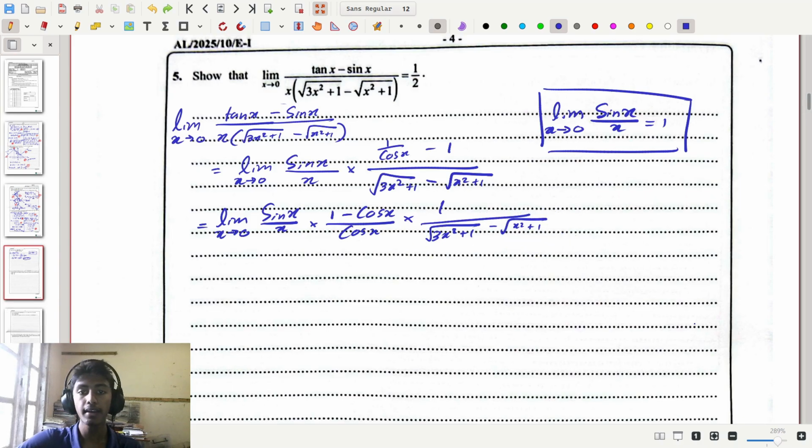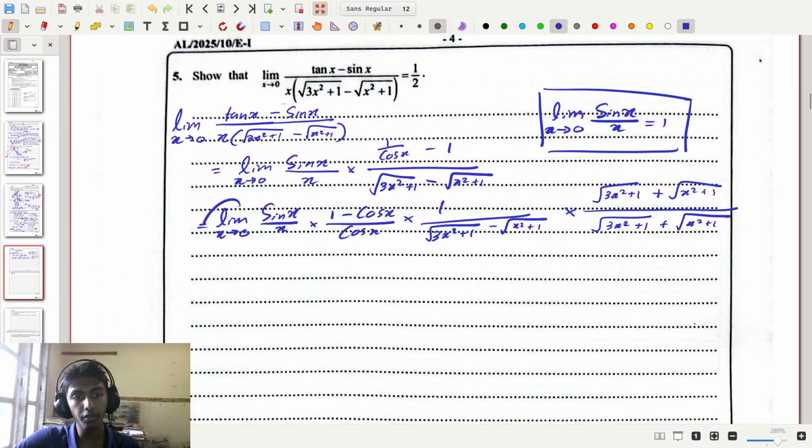Because if you have a minus b, where a is going to equal b as you take the limit, if you multiply the top and the bottom by a plus b, what you're going to get on top is a plus b, and on the bottom you're going to get a squared minus b squared. So if we just do that, if we multiply the top and the bottom by the square root of 3x squared plus 1 plus the square root of x squared plus 1, and then divided by the same thing, the square root of 3x squared plus 1 plus the square root of x squared plus 1.